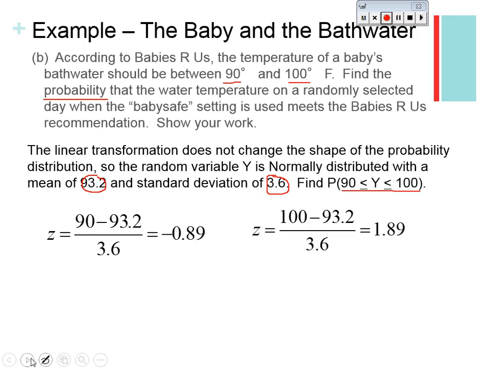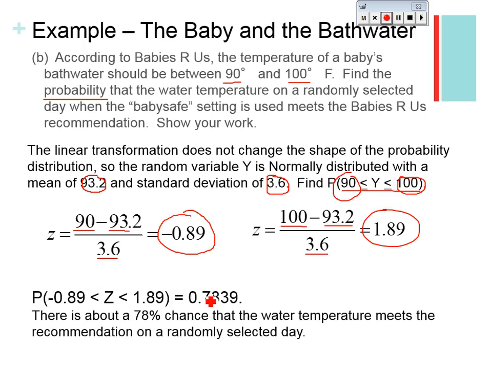What I'm going to do first is find the z-score for each of these values, 90 degrees and 100 degrees. That's the data value minus the mean divided by the standard deviation, same thing for the other value. These are the two z-scores that I get for those two values of x.